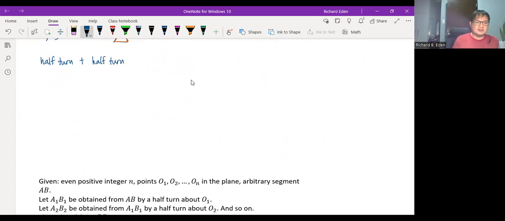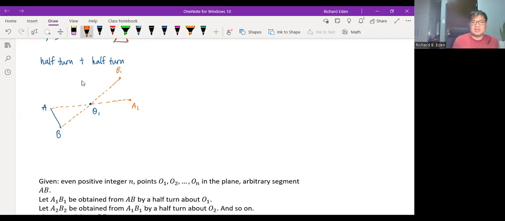Pero in general, kunwari, here's what we have. So here is, ito. It's easy to think in terms of a segment, A, B. And then we have this center, let's call it O1. And then if you look at the image of A with respect to O1, so ito nung makukuha natin, A1, and then B with respect to O1. So here we're gonna get B1.